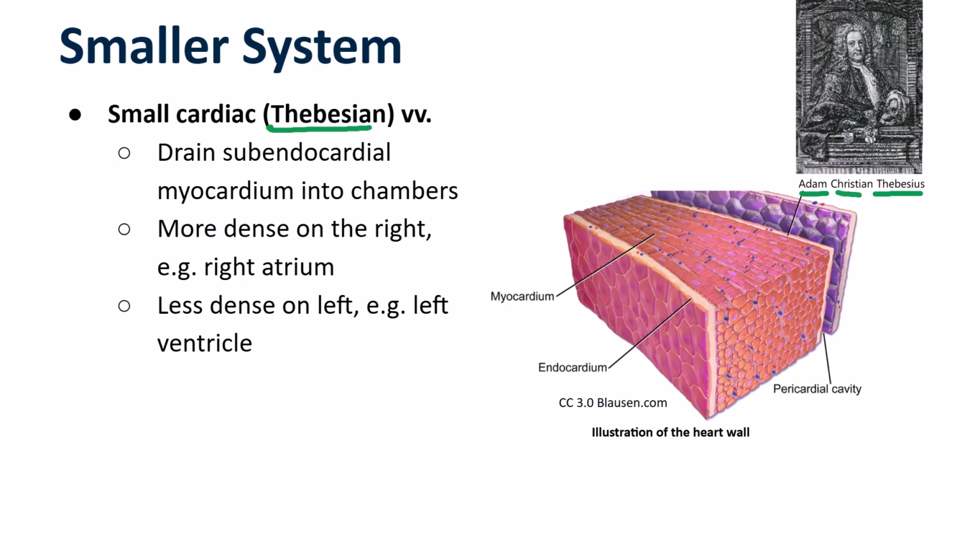Now, don't confuse the small cardiac veins of the smaller system with the small cardiac vein of the greater system. If you can see the vein, it's of the greater system. If you can see the vein microscopically, it's of the smaller system.